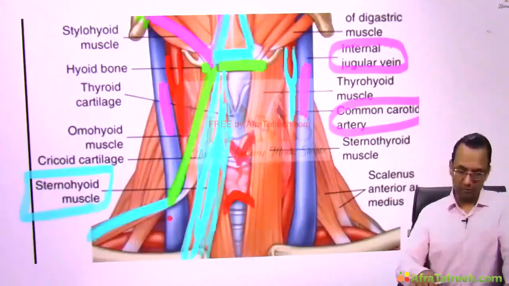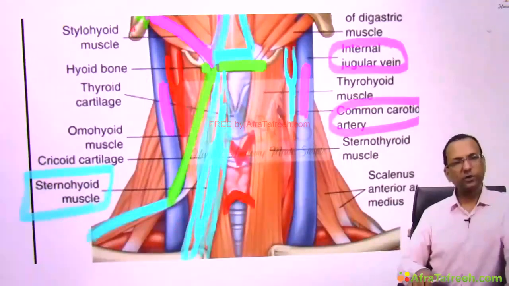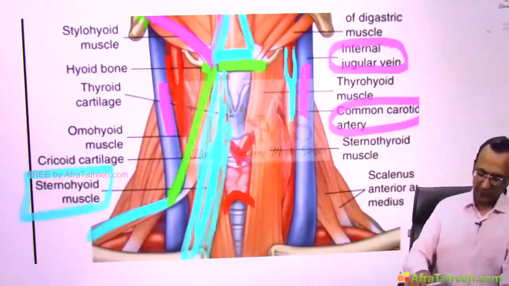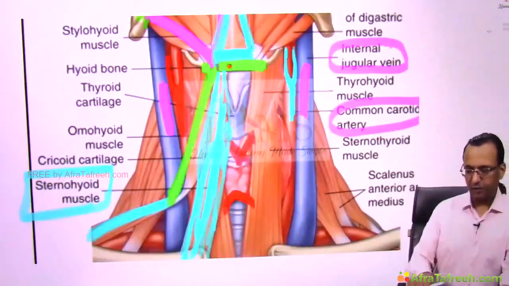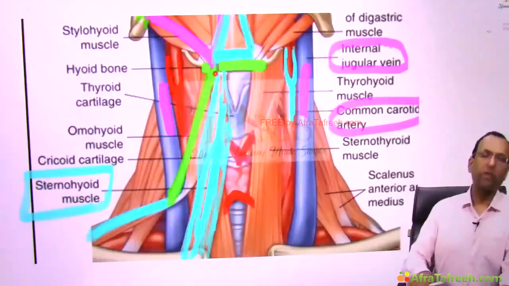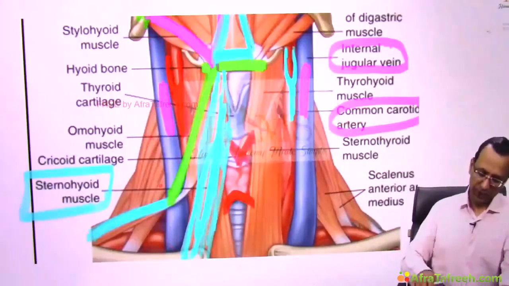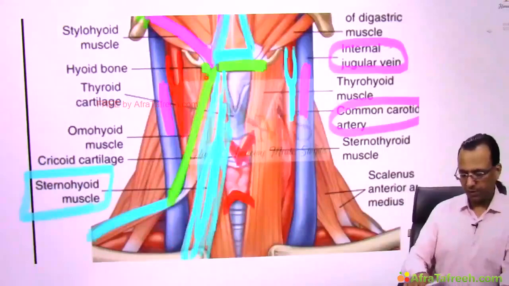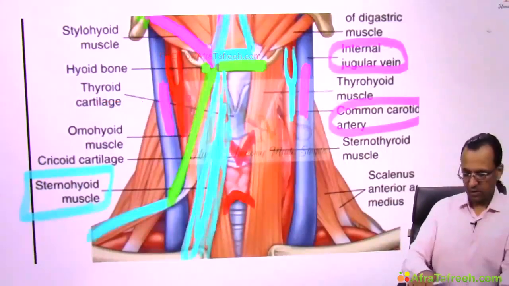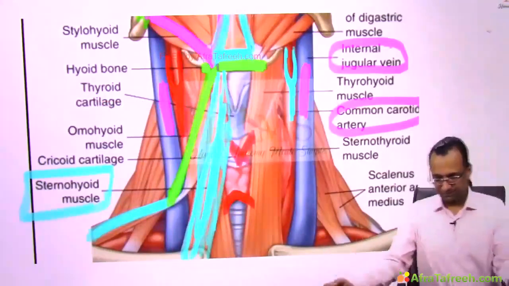Which muscle? Sternomastoid. The superior belly of omohyoid attaches to the hyoid bone, and the inferior belly of omohyoid comes from the scapula. That is the carotid triangle.